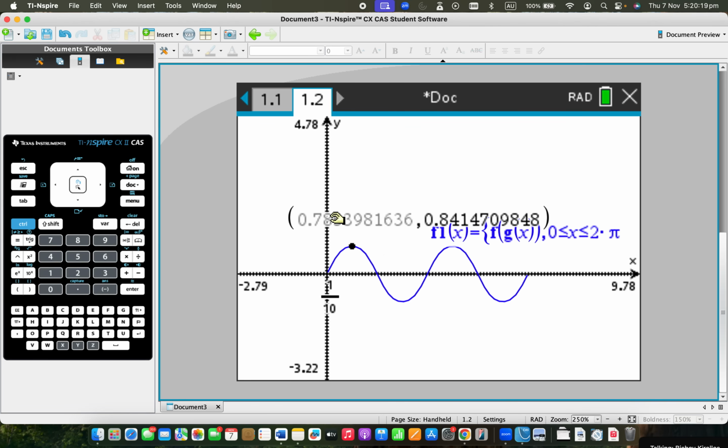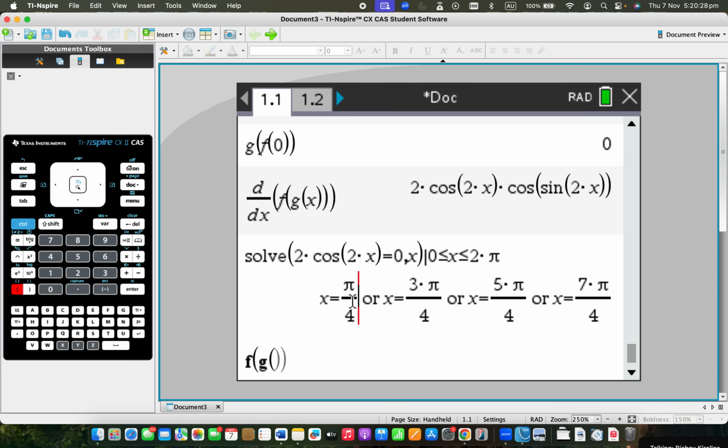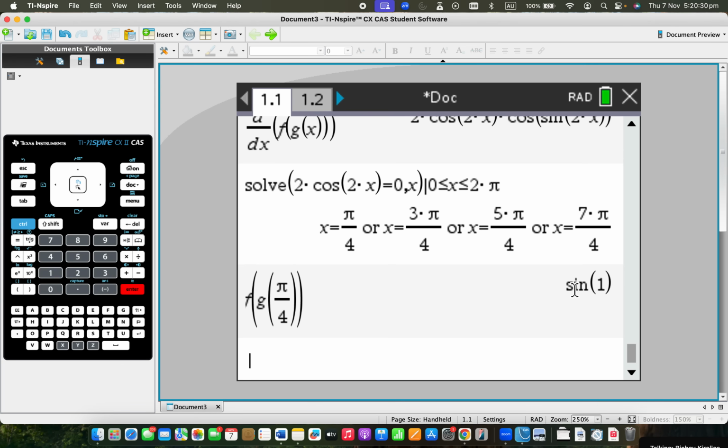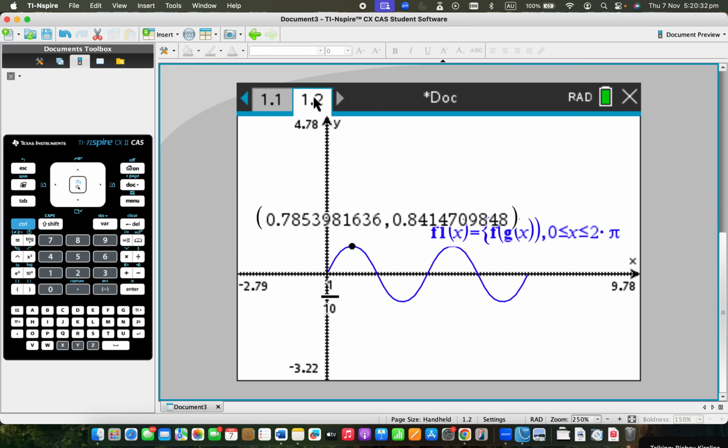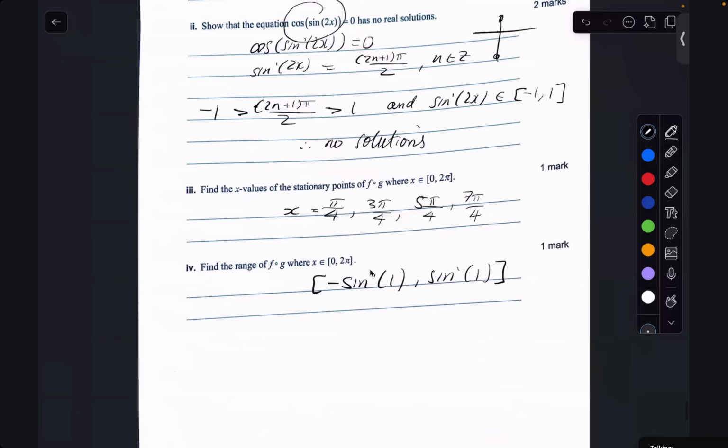Now, what's this value? Let's just see what f of g of pi over 4 is. Sine of 1. So I'm assuming it's just negative sine of 1 to positive sine of 1.